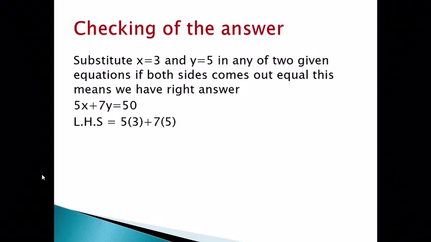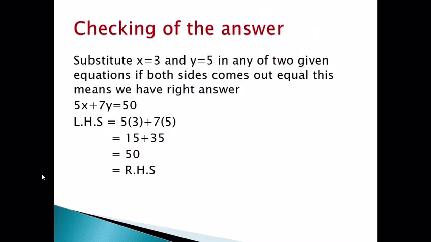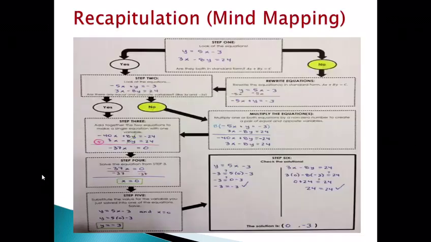Substituting x equal to 3 and y equal to 5 in the left hand side, you can see the left side comes out 50 and that is equal to the right hand side. So in this way we can say x equal to 3 and y equal to 5 is the right solution of our given system of equations.